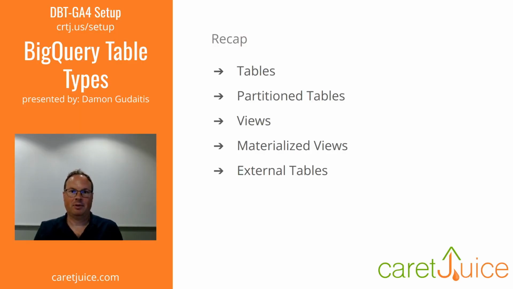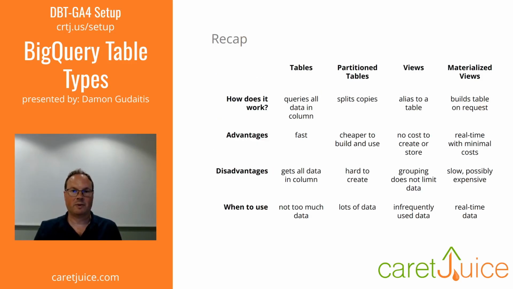To recap, we looked at 5 different table types: tables, partition tables, views, materialized views, and external tables. We're mostly concerned with tables, partition tables, views, and materialized views. Materialized views are not actually in the dbt GA4 package, but you may want to use them. Tables query all data in a column.